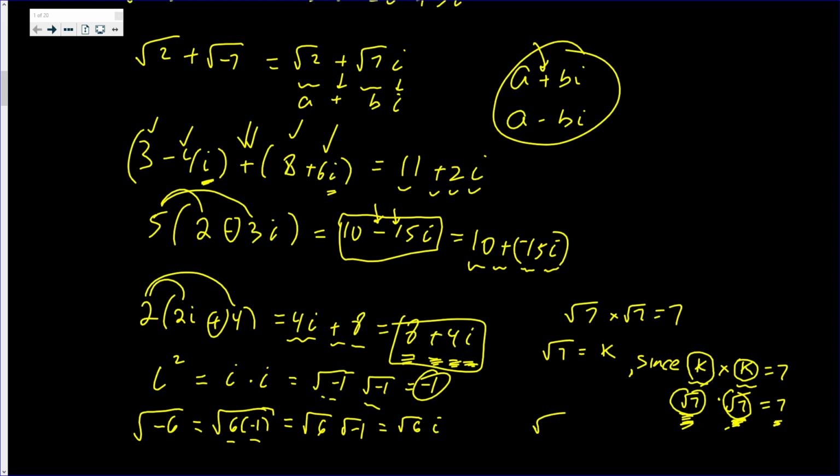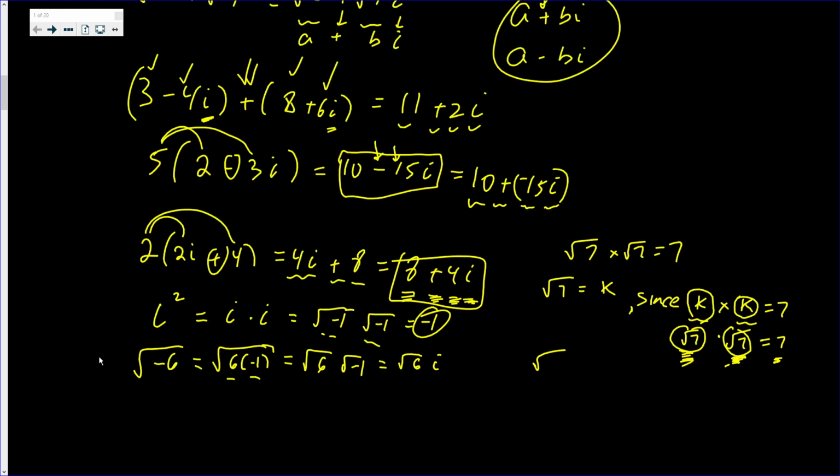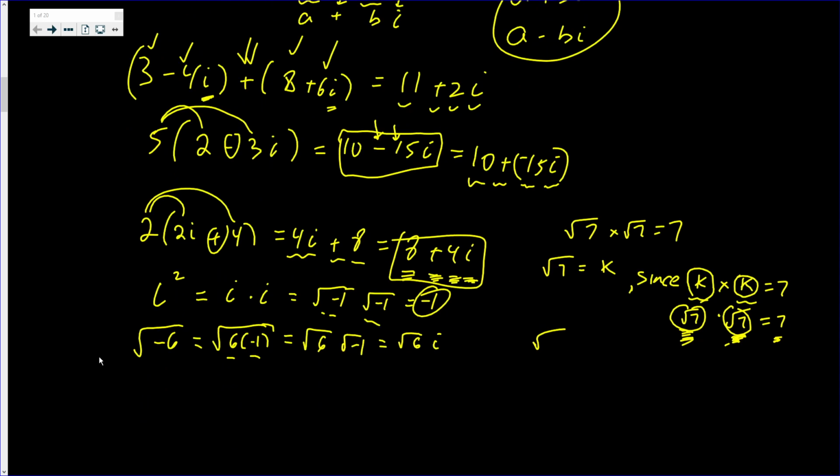Okay. So, let's look at the line above. Now, notice that because equal goes both ways, if this left box equals the right box, then the right box equals the left box.